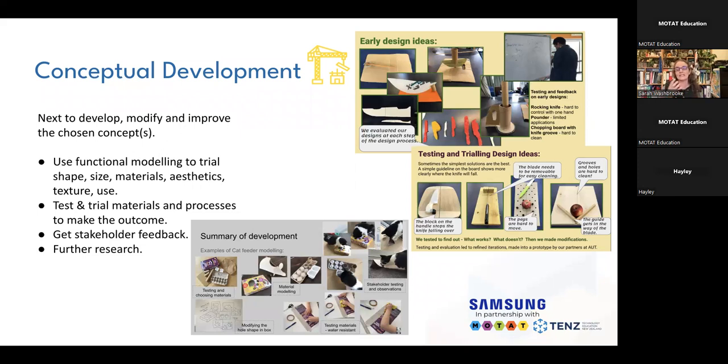But what they're doing is testing the ergonomics, which is how it will work in regards to people using them. Obviously, they're using it with their hands. The other thing that they're testing here is maybe the size and the proportion and the scale. Does it fit? Would a piece of food fit underneath there? All those kinds of things. So there's lots of things you can test and trial when you're functional modeling.